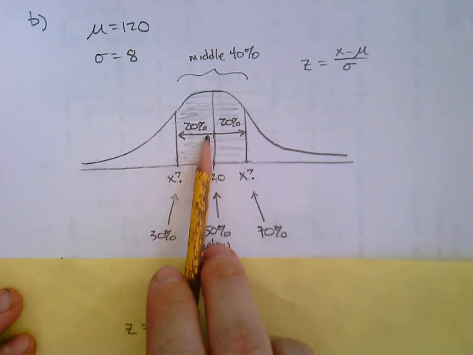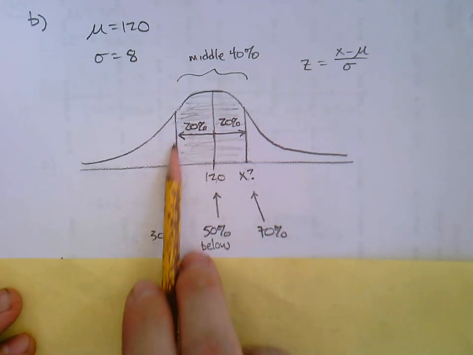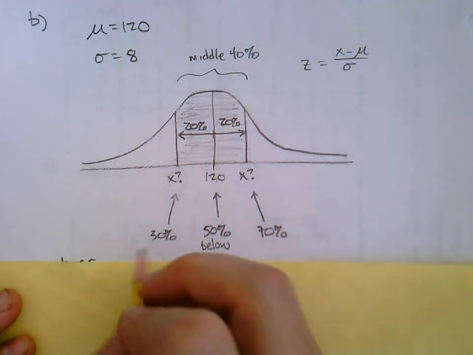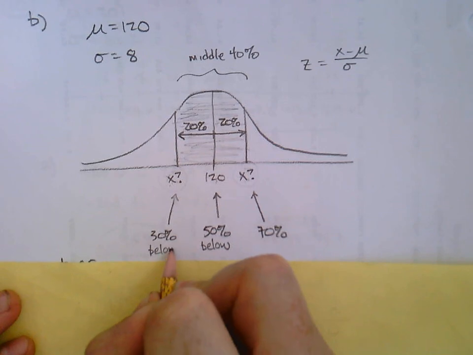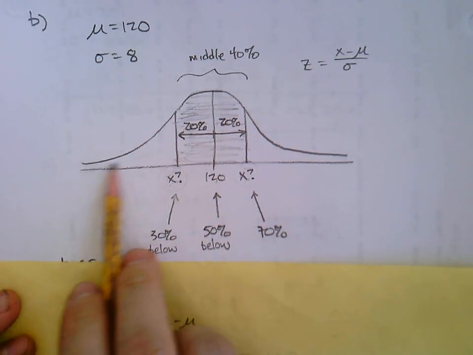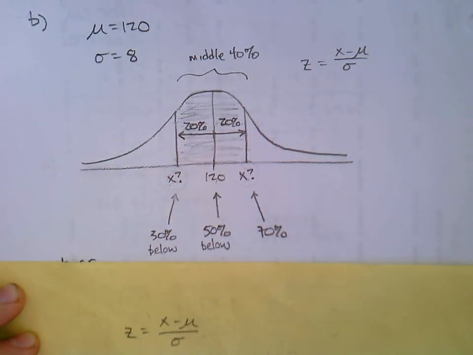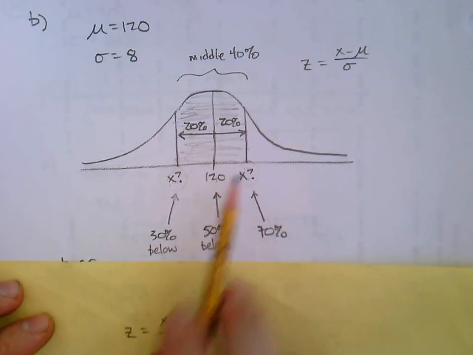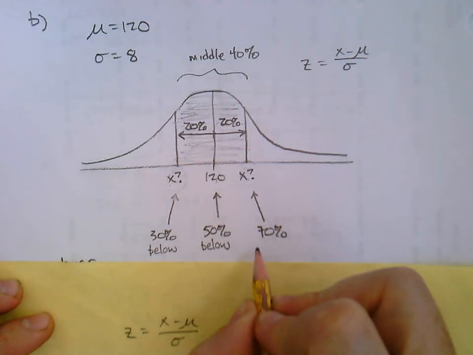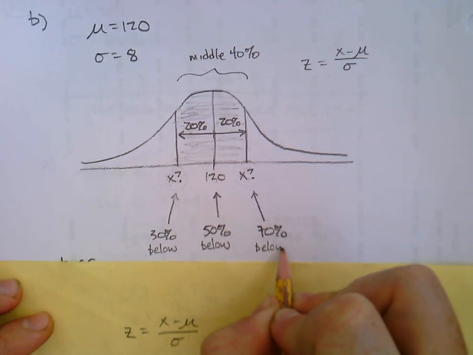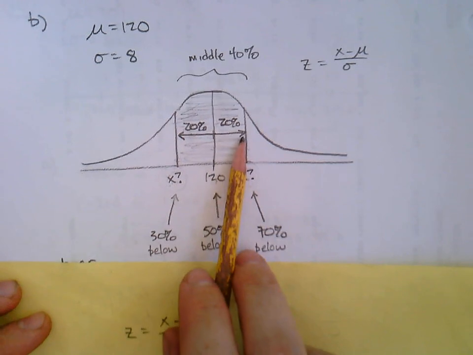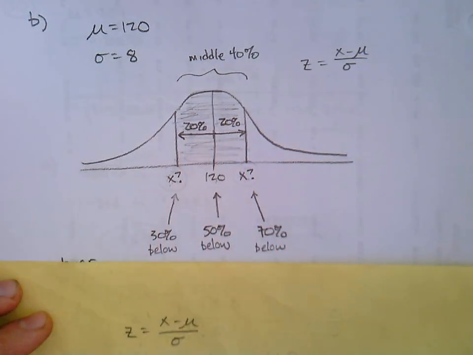So if we move 20% this direction, how much is below that x? Well, it'd have to be 30%, right? There's 30% of the data below, because the other 20% is here. And if we move up 20% to the upper x value, then there's got to be 70% below. Because there was 50 and we added another 20, so there's 70% below this way.